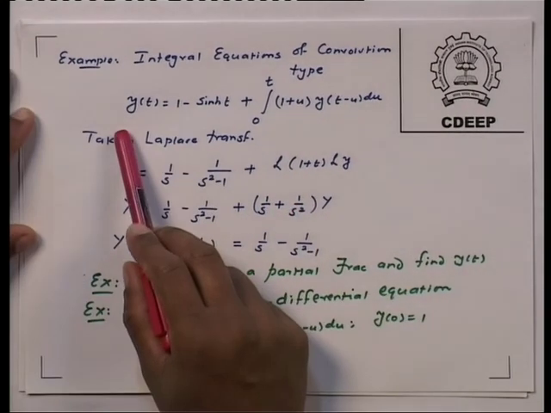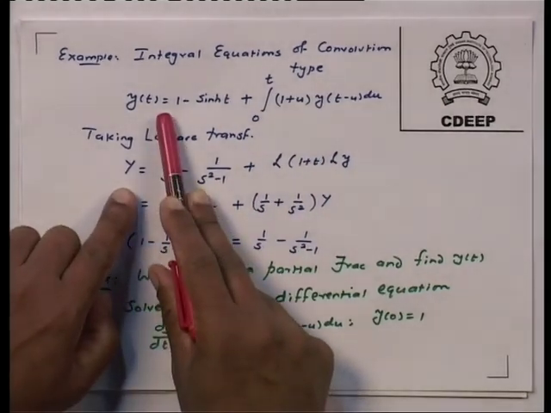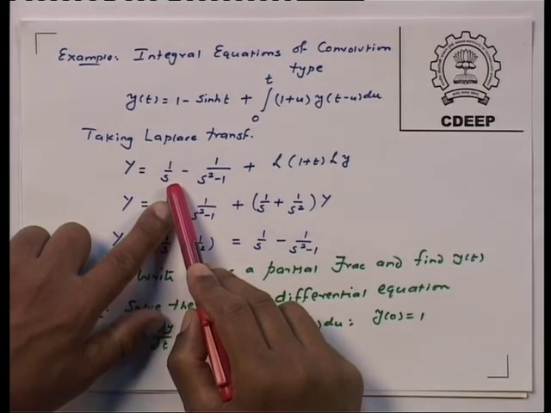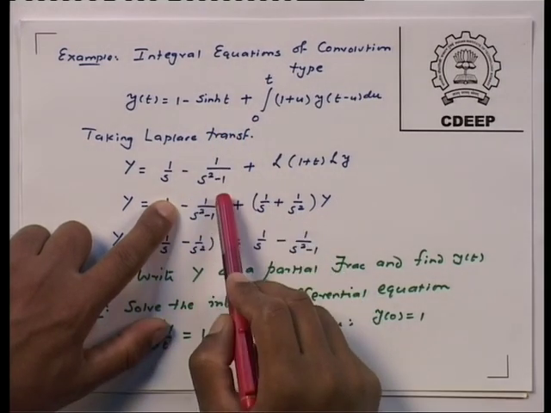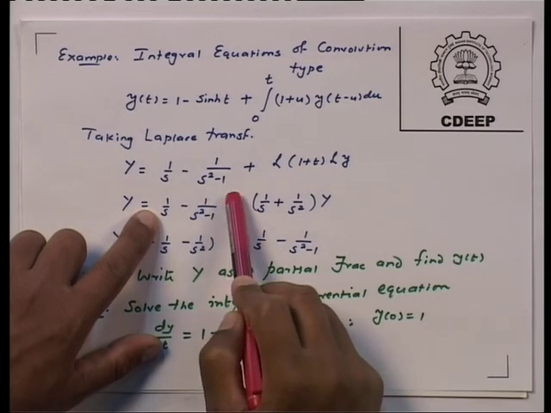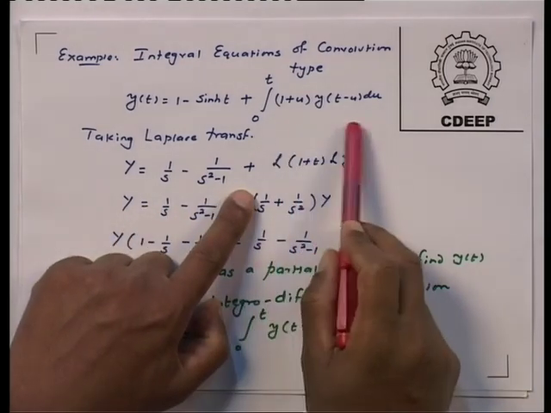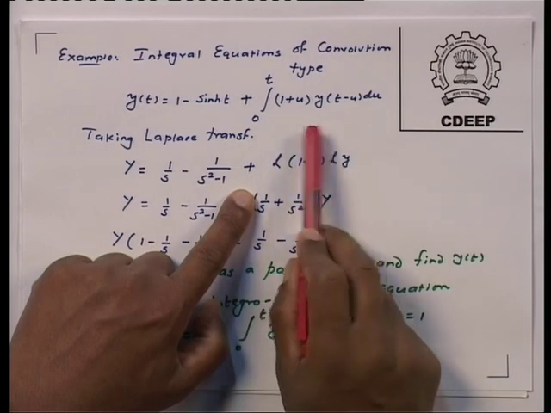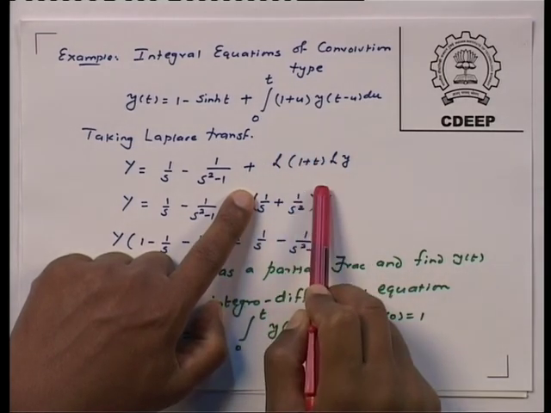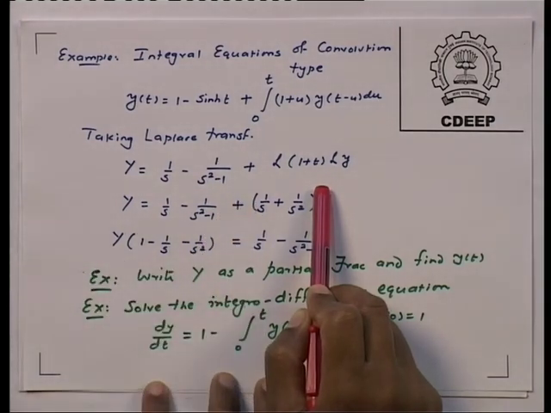Take the Laplace transform of the equation. The left-hand side becomes capital Y. The Laplace transform of 1 is 1 over s, the Laplace transform of sinh t is 1 over s squared minus 1, please verify this, plus the Laplace transform of the convolution, which is the product of the Laplace transforms. You see that over here.